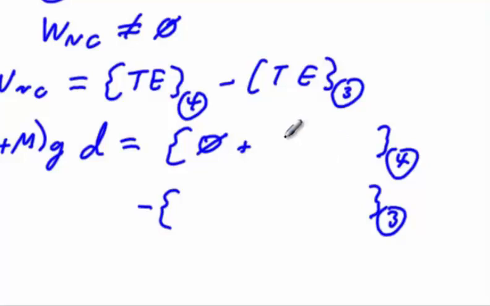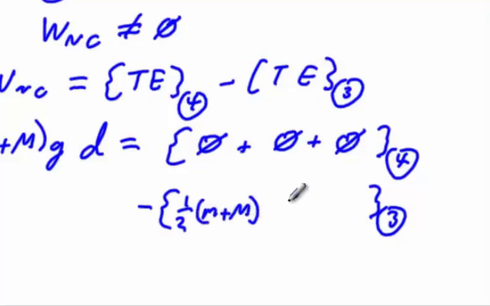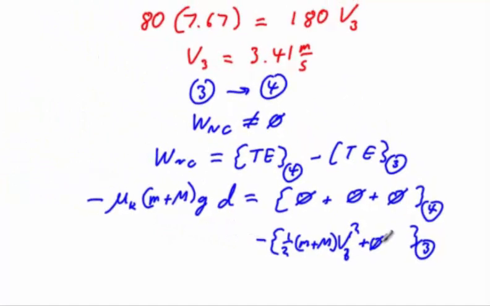The answer is no, because we have height equals 0. There are no springs, and so in fact, there is no energy at moment 4. At moment 3, on the other hand, we do have kinetic energy, 1/2 the total mass, times the velocity at moment 3 squared, but no gravity at 3 and no spring.